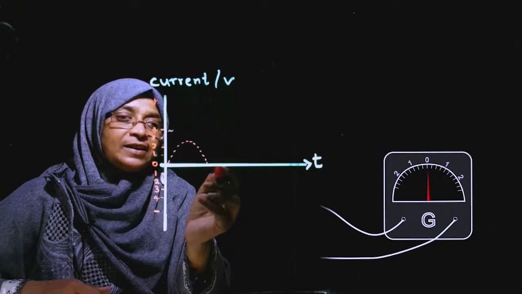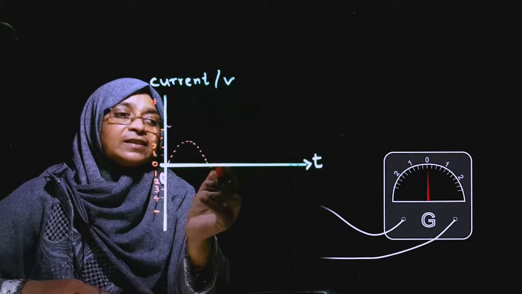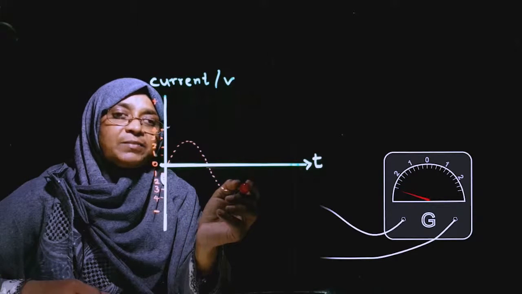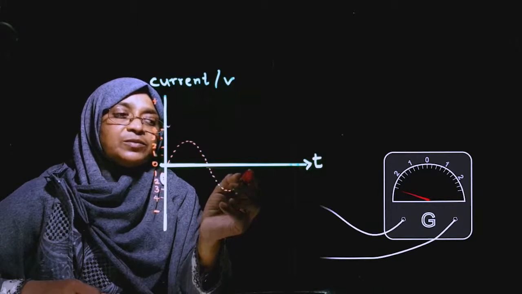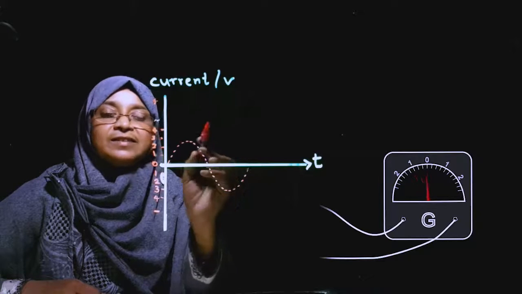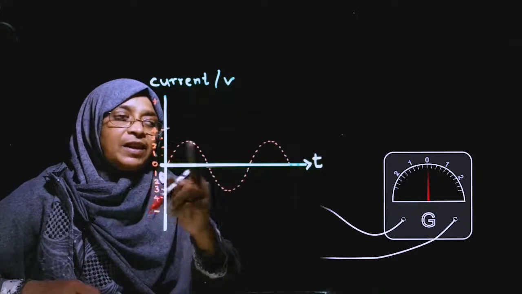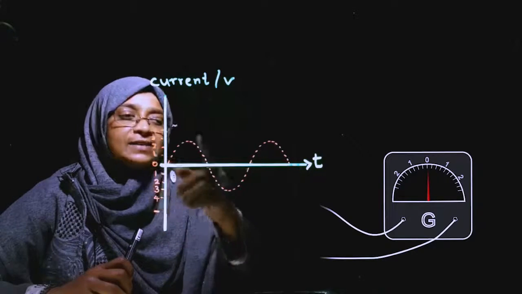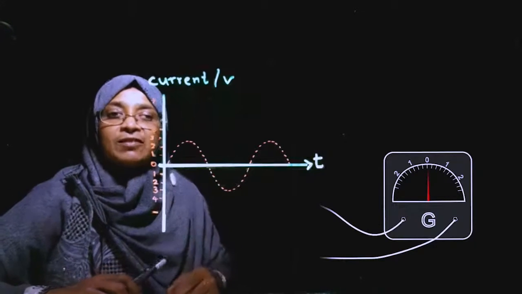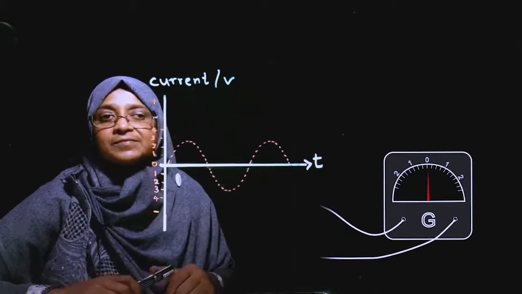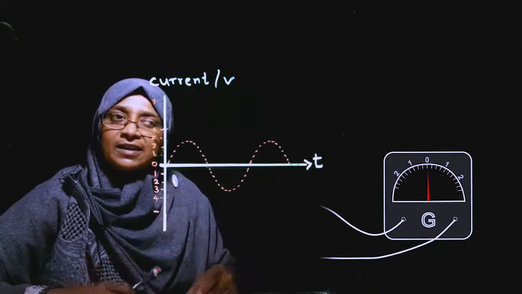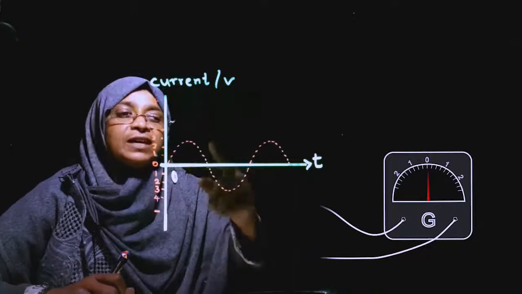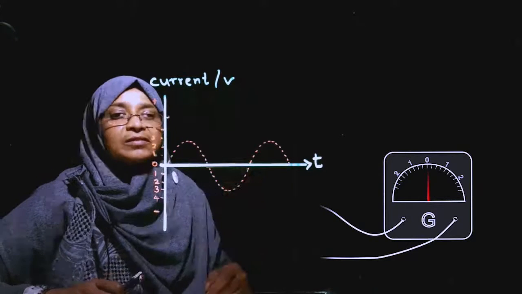Then the anticlockwise 1, 2, 3, reaching the maximum, back to 2, 1, 0. Here we get the one oscillation graph. This type of current flow is called the alternate current. In this alternate current, direction changes with the time and the voltage variation is also observed.